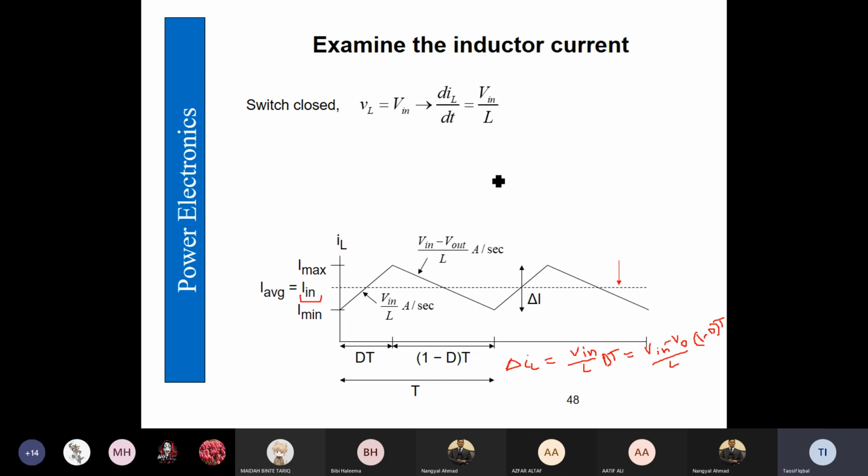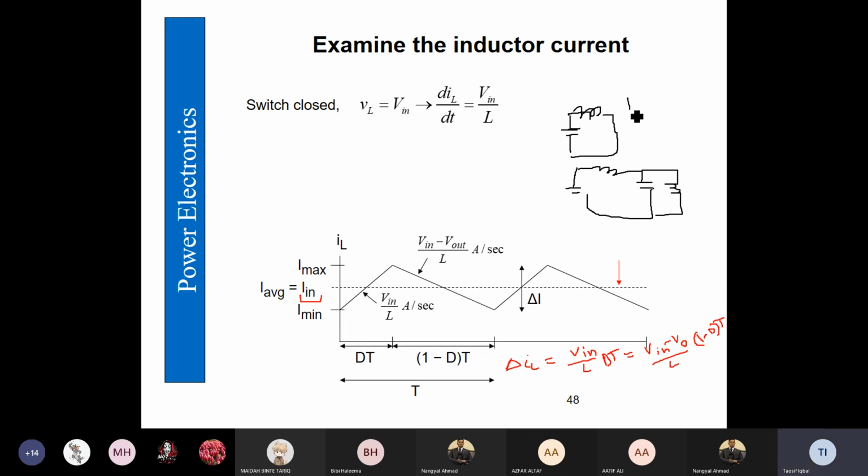And as we discussed, the inductor is connected all the time to the input supply. So therefore, in one mode, the inductor is short circuited by the switch, and in the second mode, the inductor is connected to the capacitor and the load.